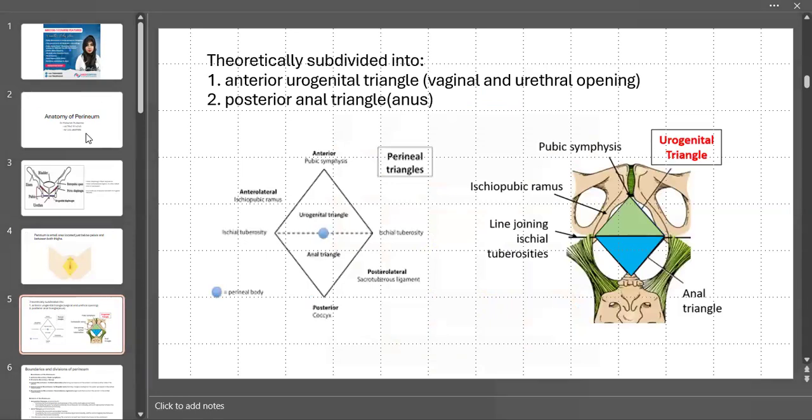Is this true, or do you have any knowledge about it, that the line which is joining both of the triangles is passing from one ischial tuberosity to the other ischial tuberosity on the lateral sides, and this is the perineal body. This is the perineal body, right? If you have this knowledge, then it's very easy for you to understand the rest of the thing.